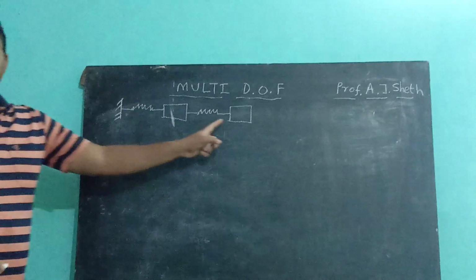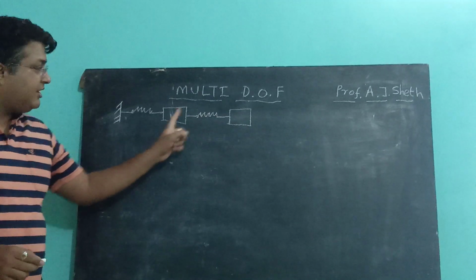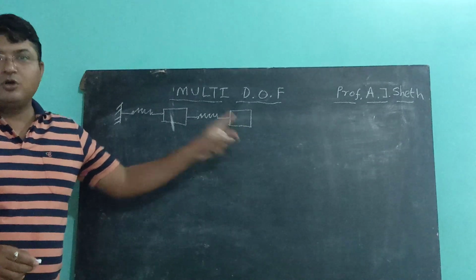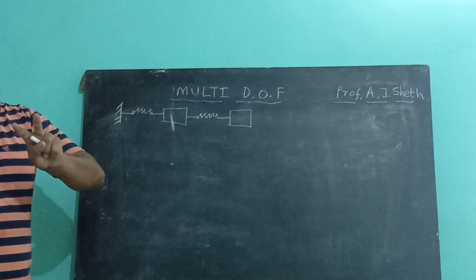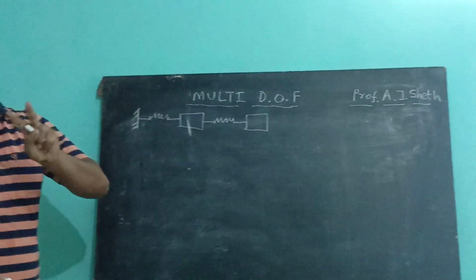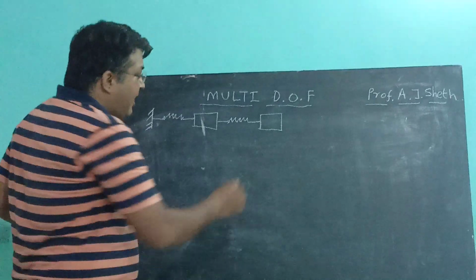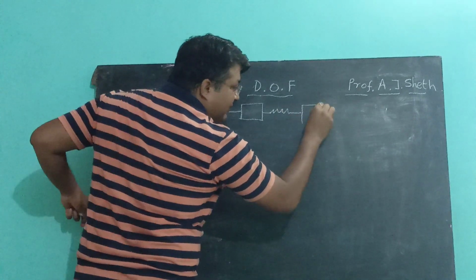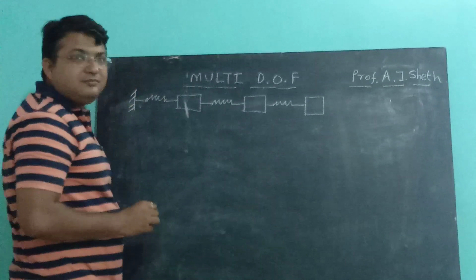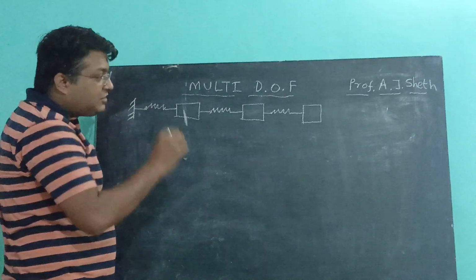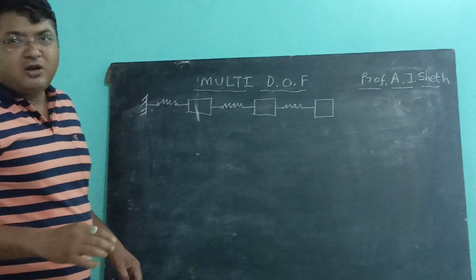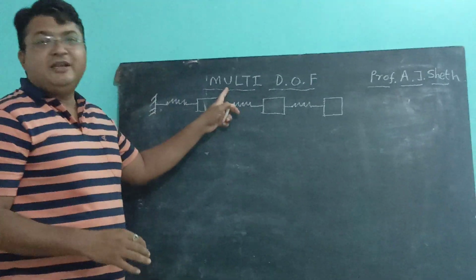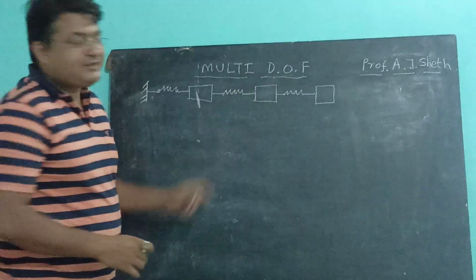If this condition persists, we have 2 masses, therefore a 2 degree of freedom case. Now let me introduce the third mass also. So 3 degrees of freedom, or today we must say it is a multi-degree of freedom case.